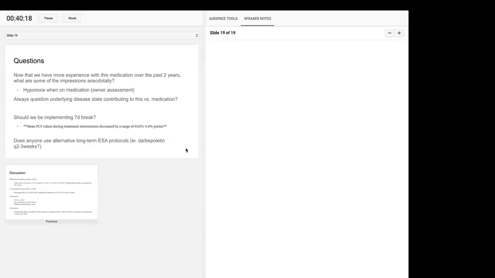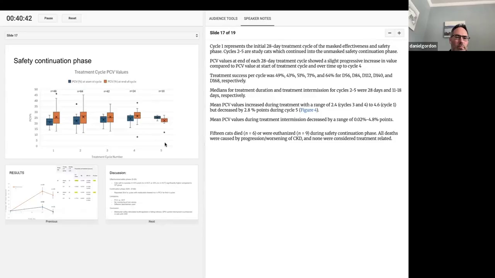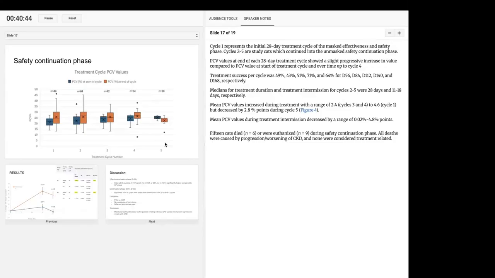And as far as the group that dropped at that last data point, realize that was only 10 cats compared to 50 when they started. We had gotten down to so few cats in that group. And same thing for the pilot study, where at 21 days they had dropped down.